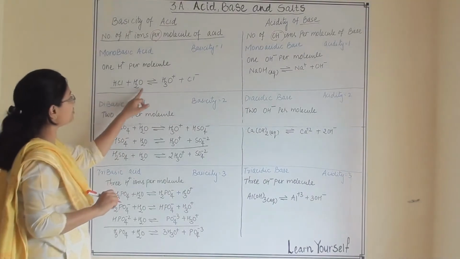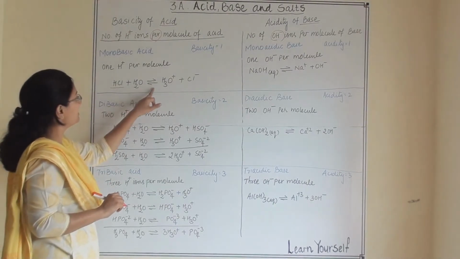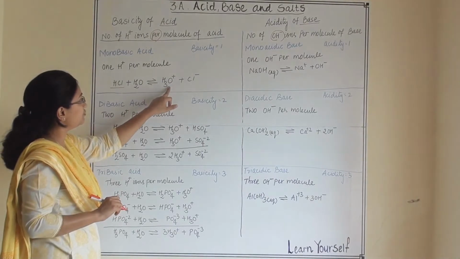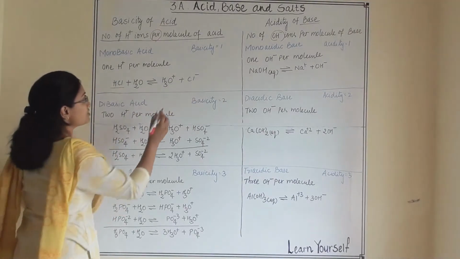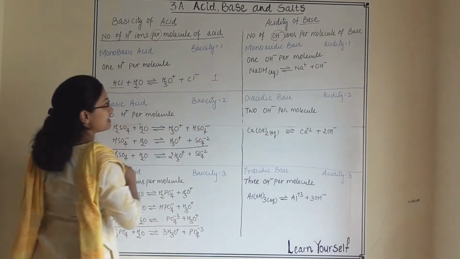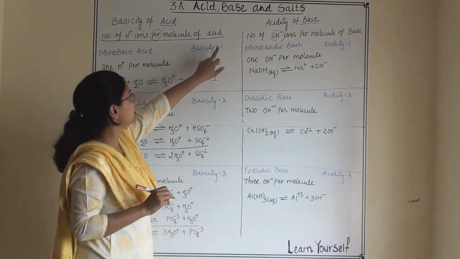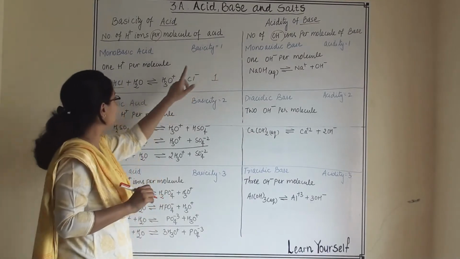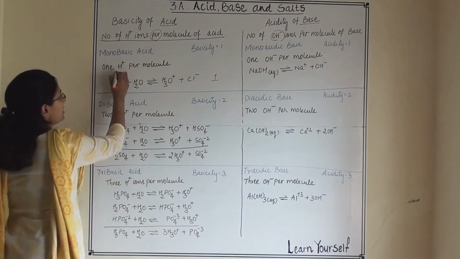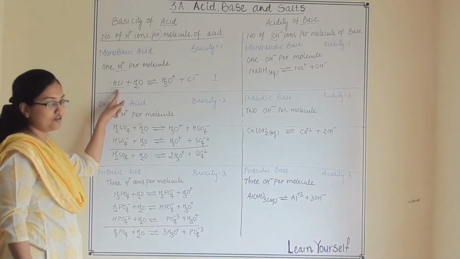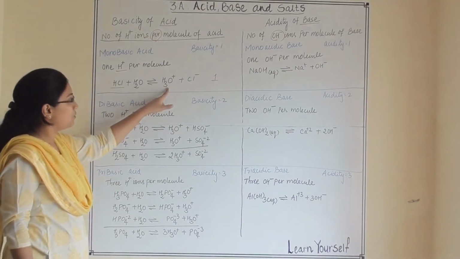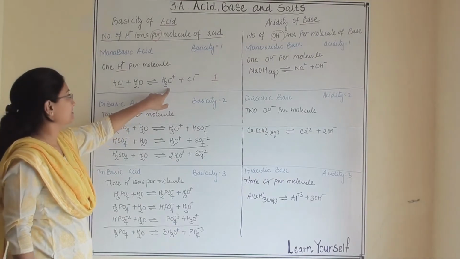If it dissociates with H2O, it gives you one H3O plus and Cl minus. It dissociates in one step, and so the basicity is 1. Why is the basicity 1? Because it generates 1 H plus per molecule. One molecule of hydrochloric acid gives 1 H3O plus.